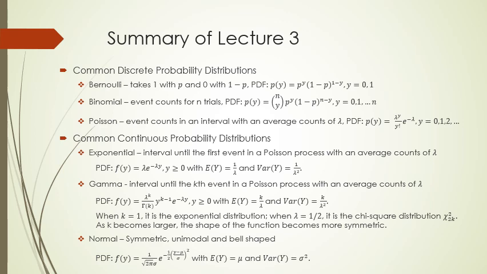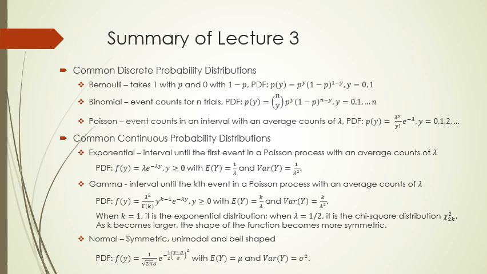The random variable with the Bernoulli distribution takes the value 1 with a probability of p, and the value 0 with a probability of 1 minus p. The random variable with the binomial distribution is the event counts for n trials. The random variable with the Poisson distribution is event counts in an interval with an average count of lambda per interval.